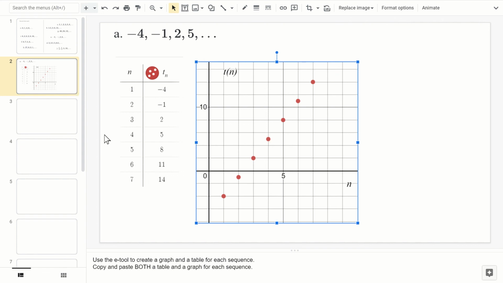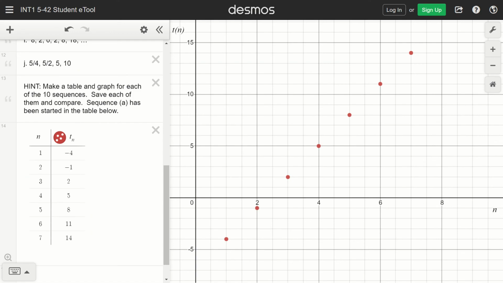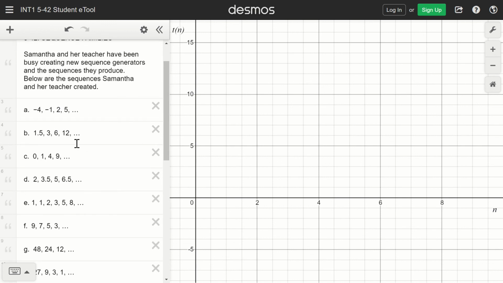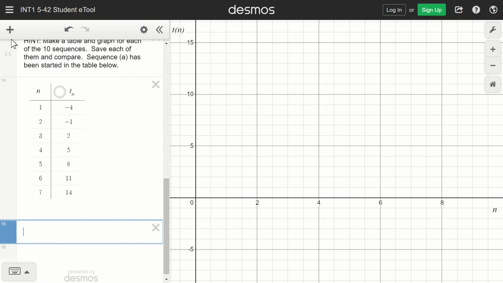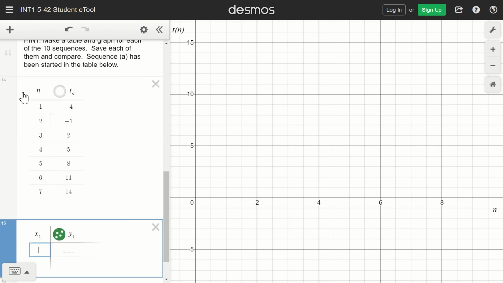We're going to be doing this for each one of these, and we're trying to look for how the sequences differ and how they're the same. In Desmos, I would not delete this to go on to the next one. Instead I would just turn off this particular sequence, and then look at the next one, which is 1.5, 3, 6, and 12. Then come down here and add a new table.